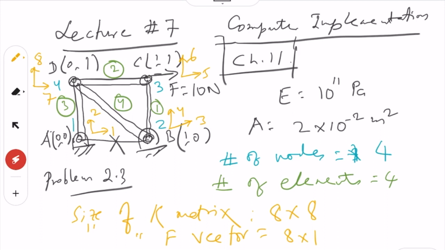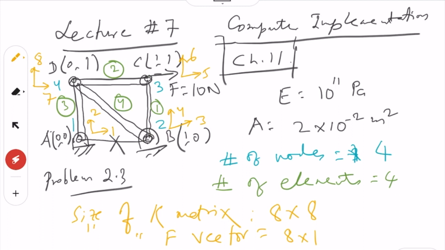So we will take this example and try to solve it using some program. Before that, let us write the force vector, which will be easy. What is the force vector here? We do not know, let us call it F1, F2. Here we know the displacement.